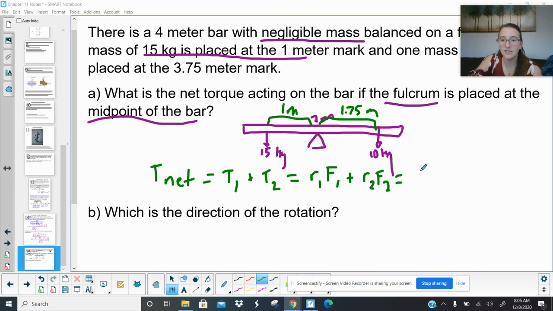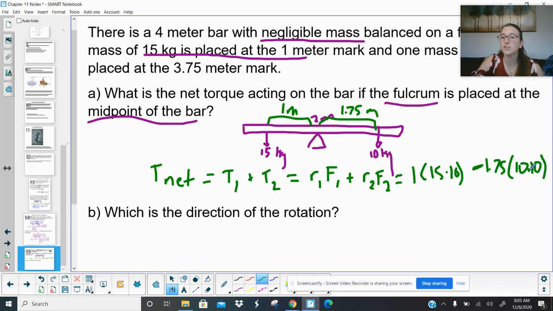Okay, so we have 15 kilograms and a distance of 1, and then a force of 15 times 10. Once again, that's 15 for the mass, with gravity being 10 meters per second squared. Minus, or I can call the force negative, however you want to say it. The radius for the second mass is 1.75 times its force, which is 10 times 10.